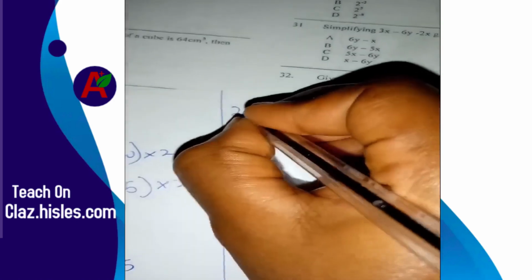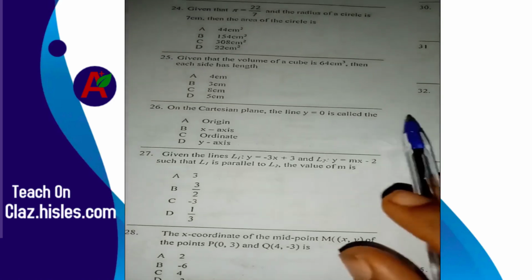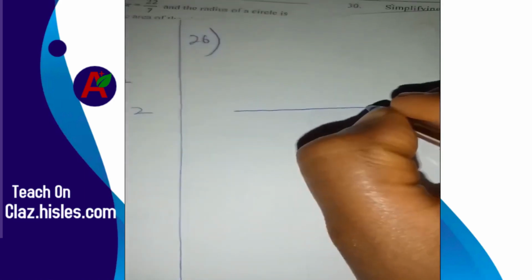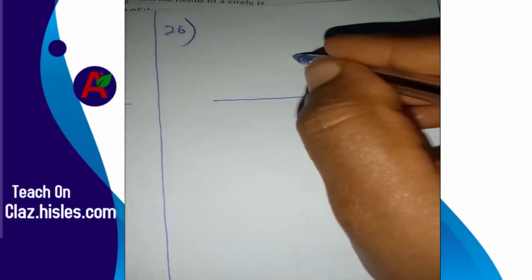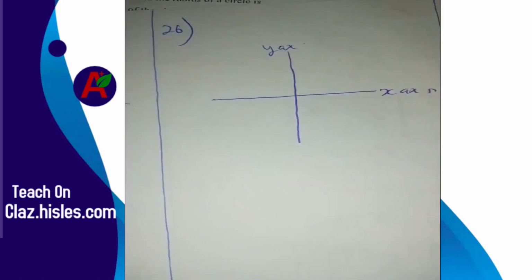Okay, and number 26. On the Cartesian plane, the line y is equal to 0 is called the. Okay, we draw the Cartesian plane. It's our x-axis, it's our y-axis.